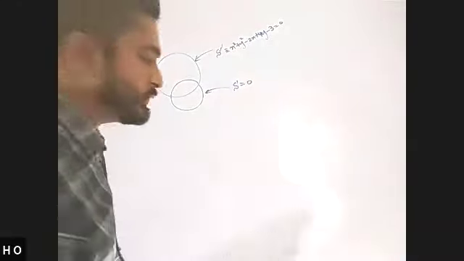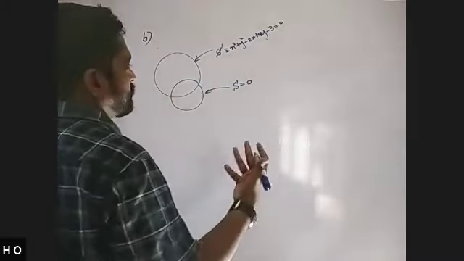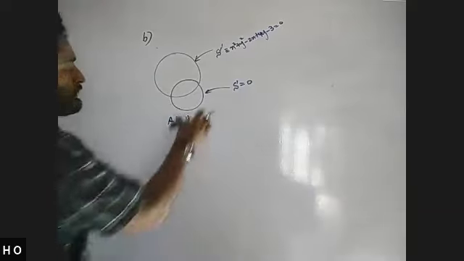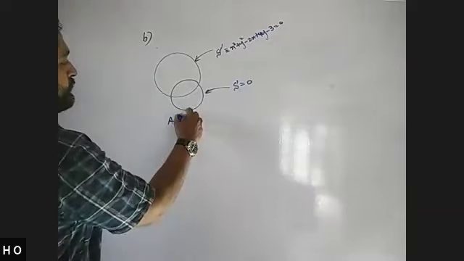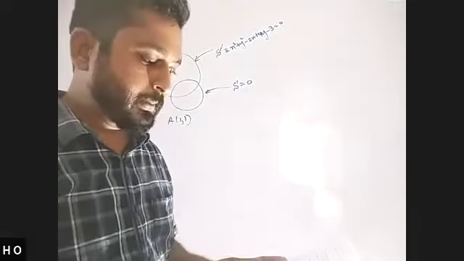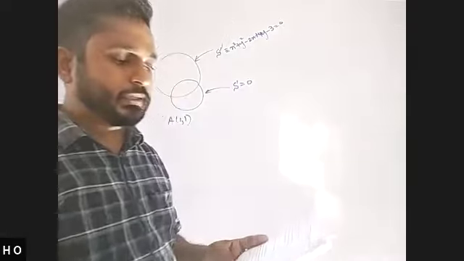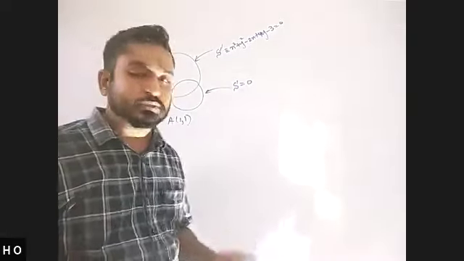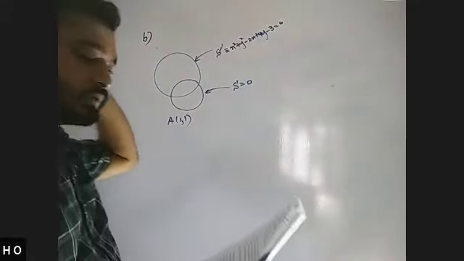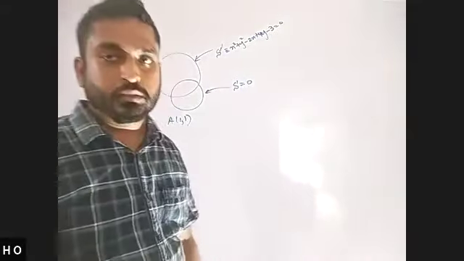If the point (1, 1) lies on S equals 0, we don't know about that point, so let us name that point like this. (1, 1) is on the circle S equals 0, so that the locus of the center of this circle is also a circle.